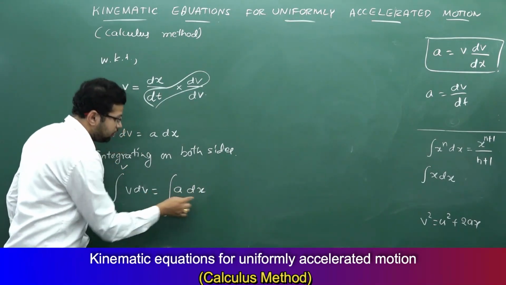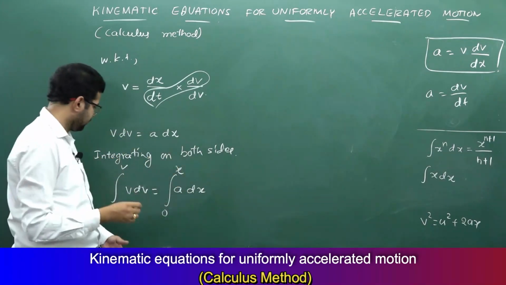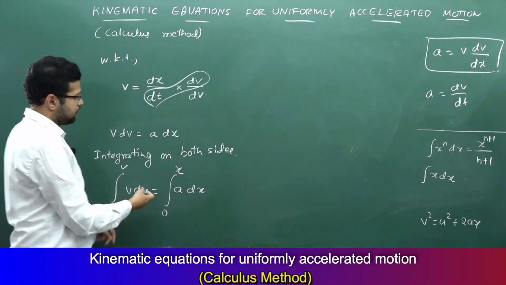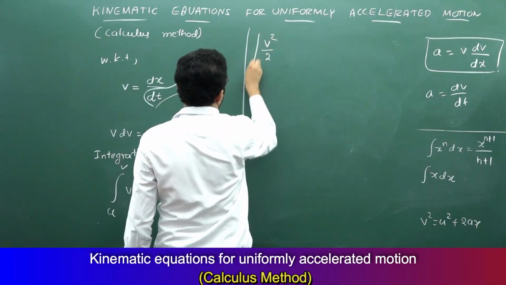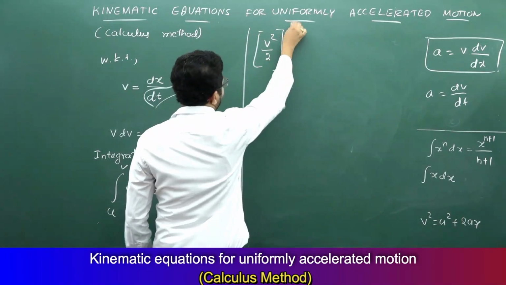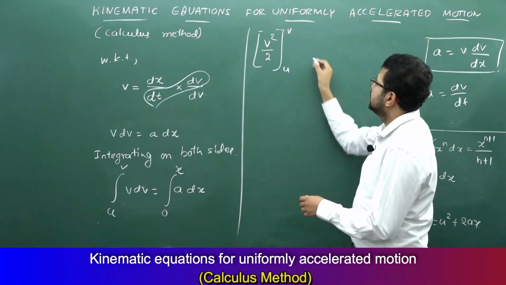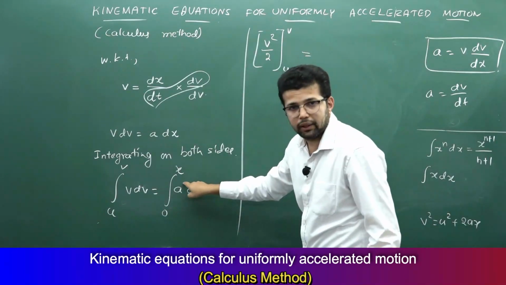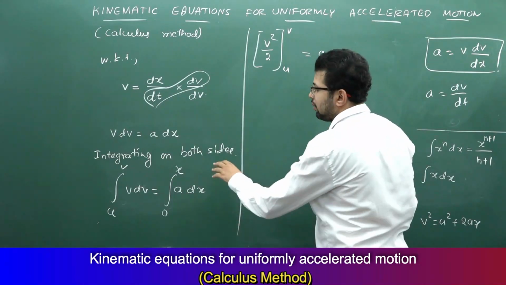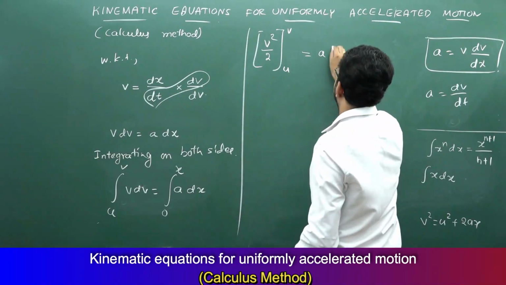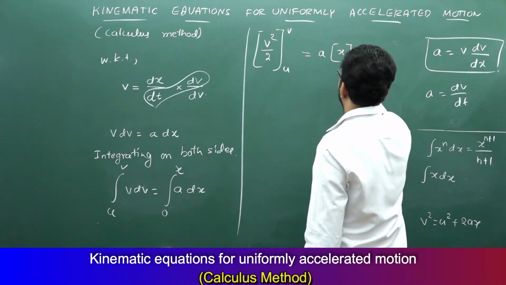Initial position is 0, final position is x. Integration of v with respect to v is v square by 2 between the limits u and v, equal to a, which is constant and can be kept outside, into integration of dx, which is x between the limits 0 and x.